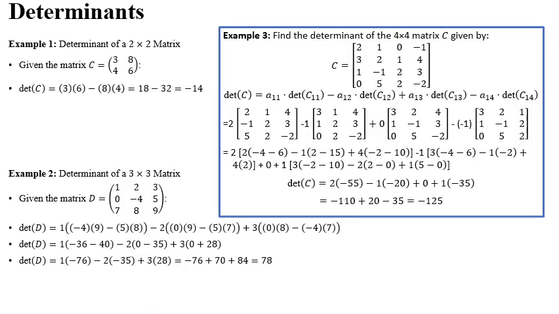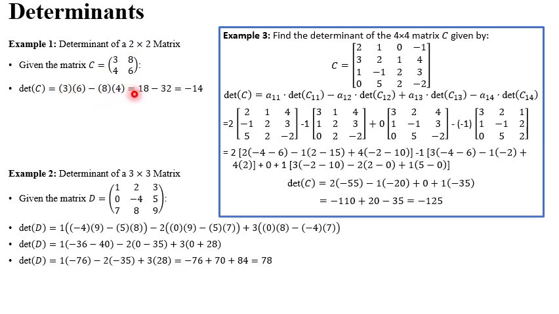Okay, so let's apply what we've just done by looking at some examples. For a 2 by 2 matrix, say matrix C, the first row being 3, 8, and the second row being 4, 6. To calculate the determinant of this 2 by 2 matrix, we say 3 times 6 minus 4 times 8.